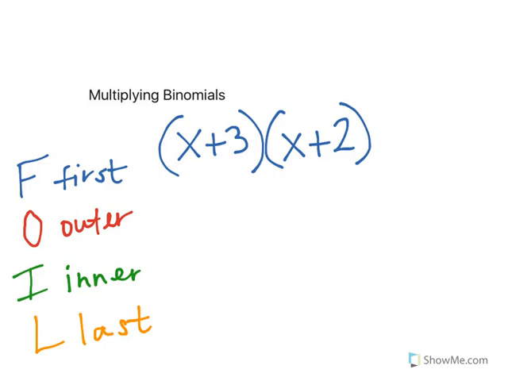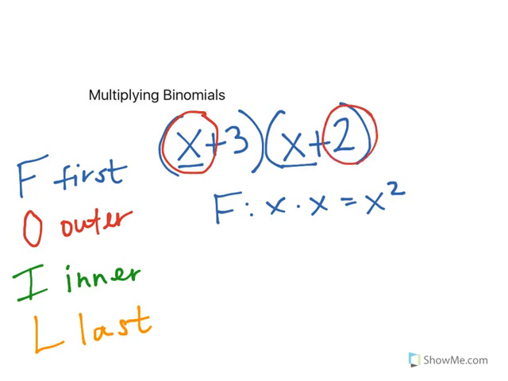Okay, so let's start with this example. We have x plus 3 times x plus 2. So the first thing I'm going to do is multiply the first terms, the first terms in each parenthesis. So for the first term, I'm going to do x times x. Well, x times x is x squared. Next I have the outer term, and that's the term on the outside.